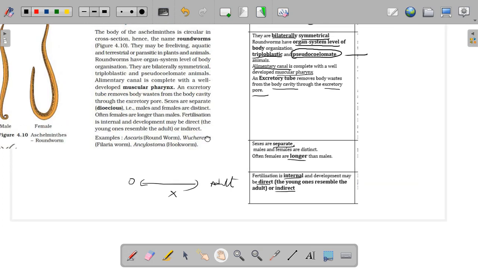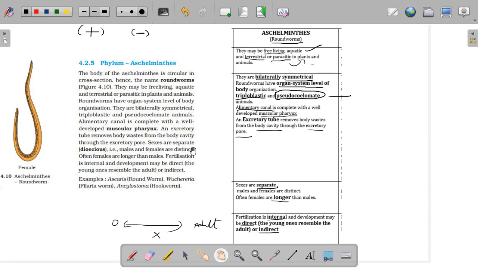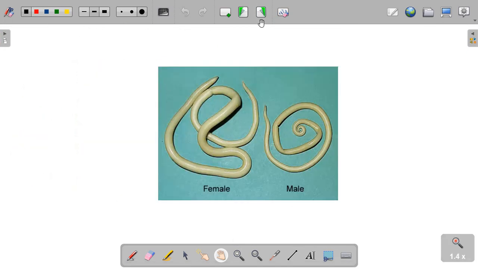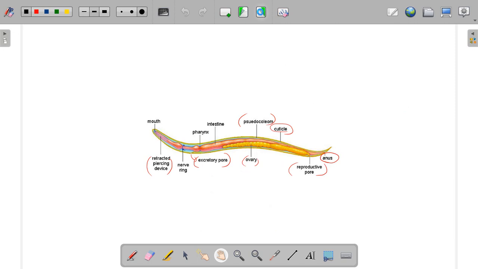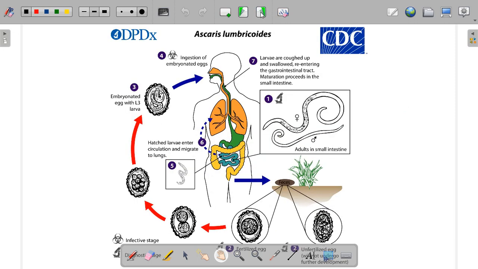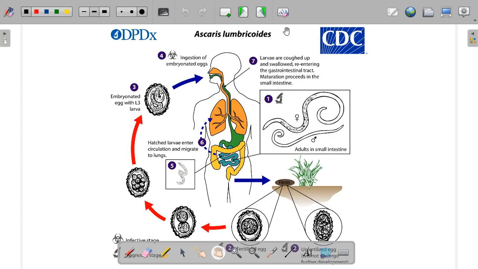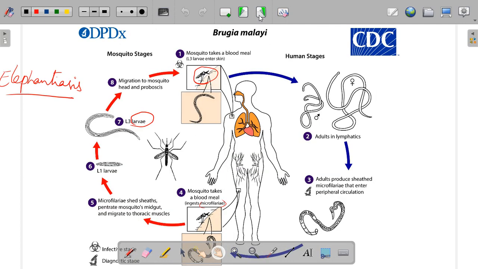You can see some of the organisms like Ascaris, or the other one Wuchereria bancrofti, which causes elephantiasis, or filariasis.